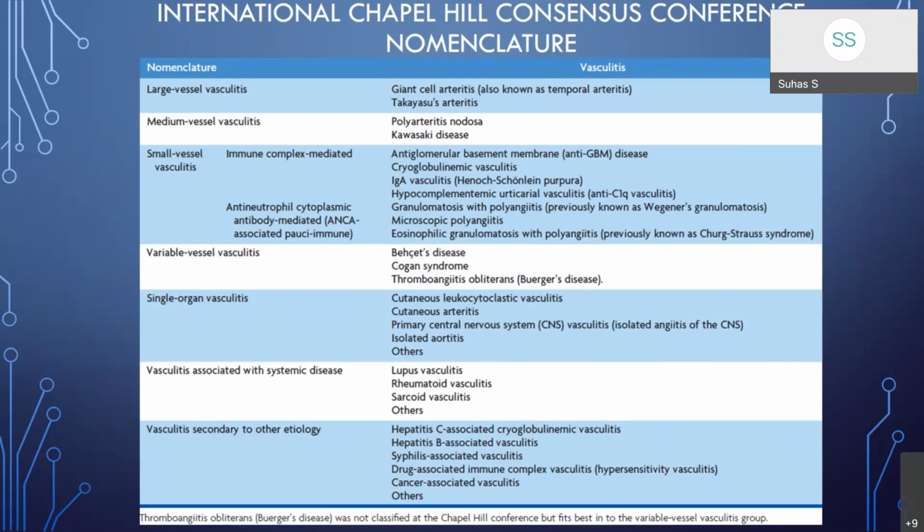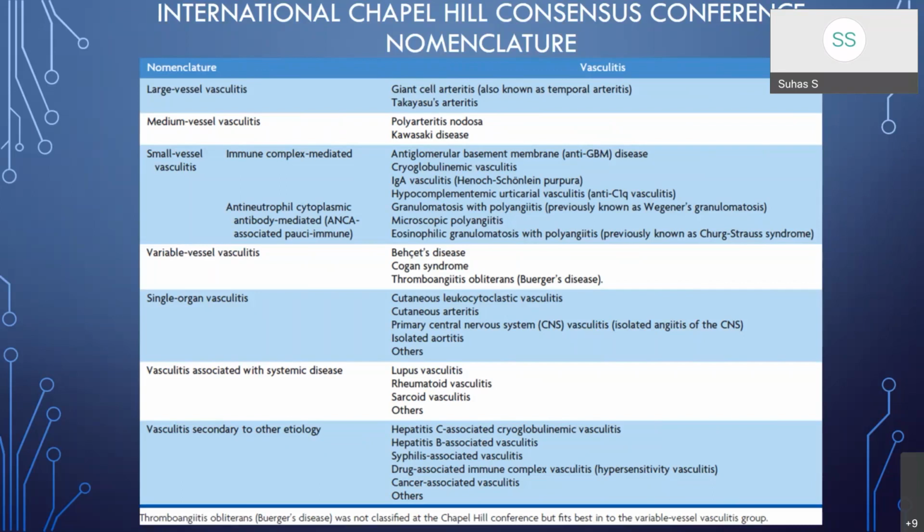Whereas in ANCA-associated vasculitis, we have microscopic polyangiitis, granulomatosis with polyangiitis, previously known as Wegener's granulomatosis, and eosinophilic granulomatosis with polyangiitis, previously known as Churg-Strauss syndrome.